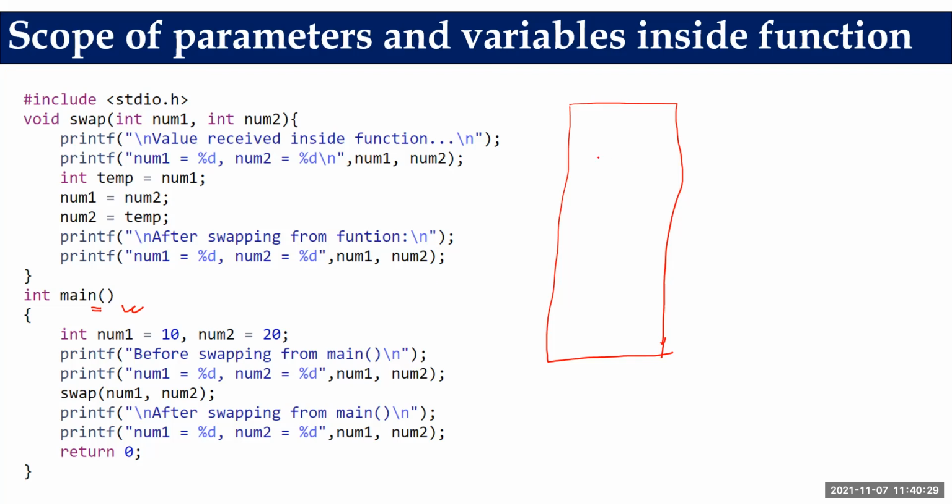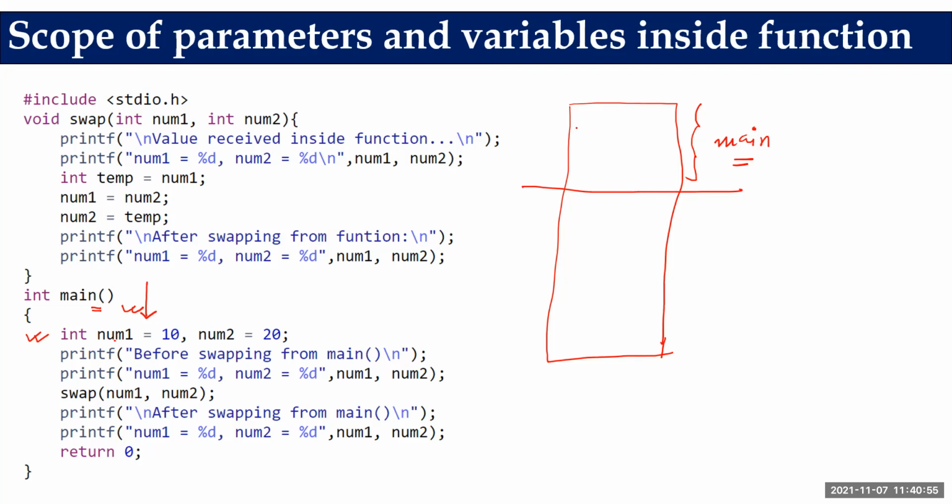Okay, so if this is considered my RAM, let's partition it first. I'm assuming that this block is reserved for the main method. My program execution started from this point. Inside main, I have declared two variables, num1 and num2. They are local variables.